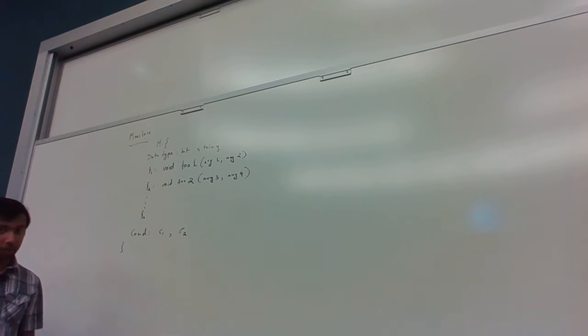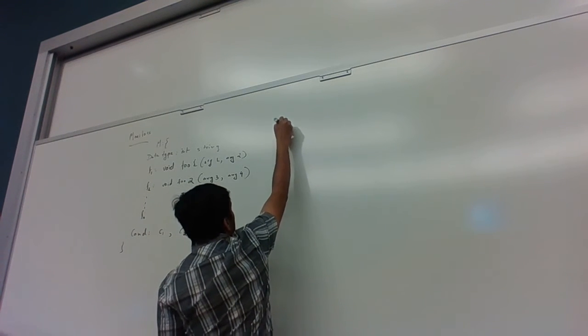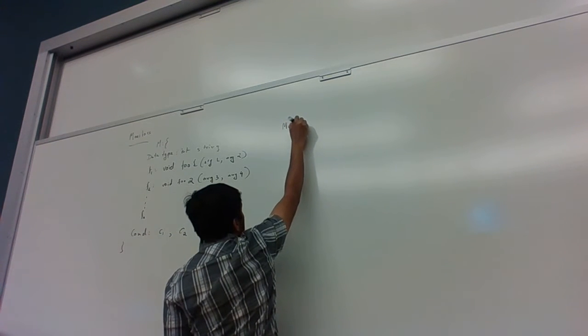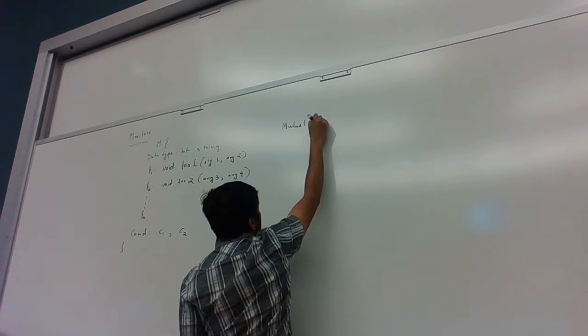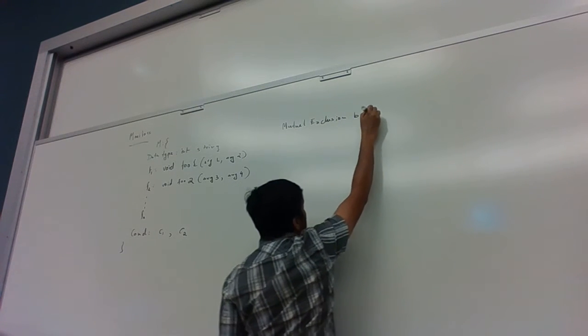Now what is the property of this data structure? The property is mutual exclusion between functions.